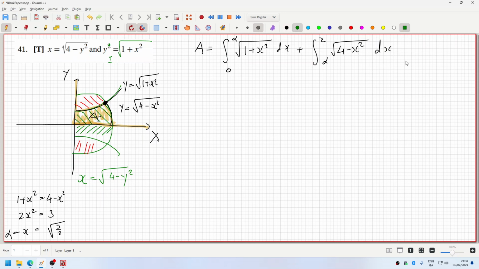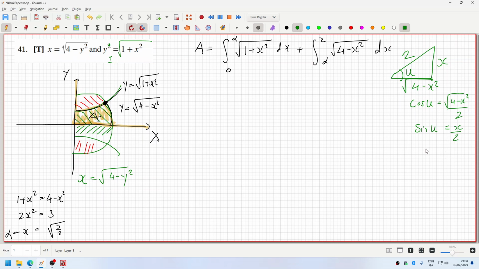The trick here is draw a triangle and call this x and this 2, and this would be root 4 minus x squared. And this we can call u, and you can say cos u is root 4 minus x squared over 2. And then sine u is x over 2.